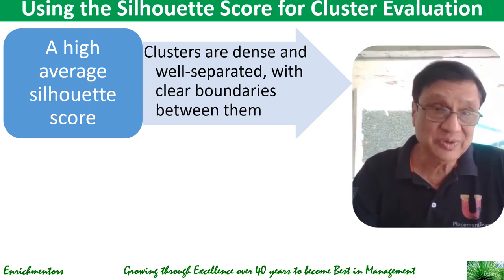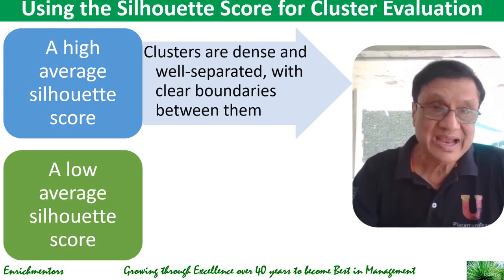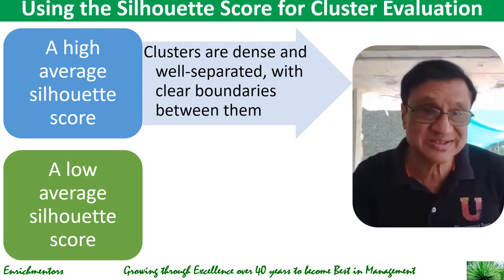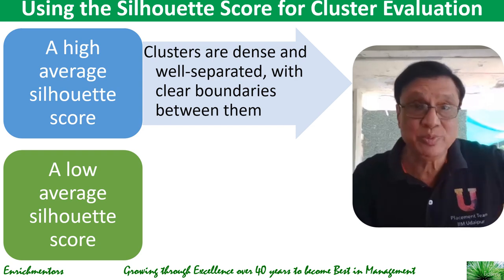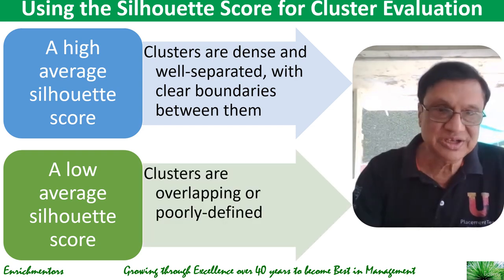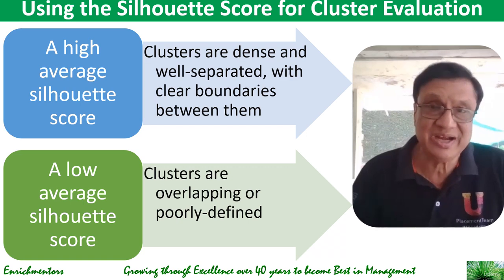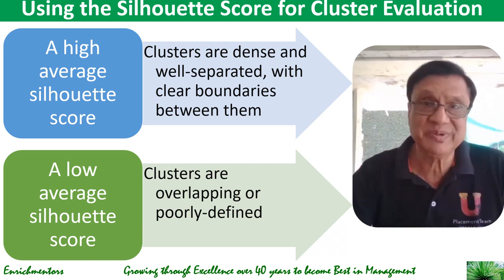Conversely, a low average silhouette score suggests that the clusters are overlapping and poorly defined. The silhouette score provides a way to quantitatively evaluate different clustering algorithms, parameter settings, and numbers of clusters formed by the algorithm.